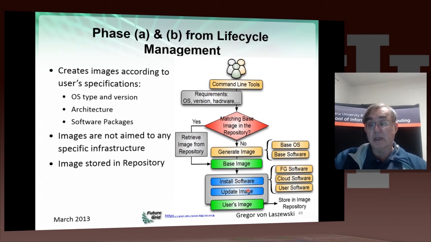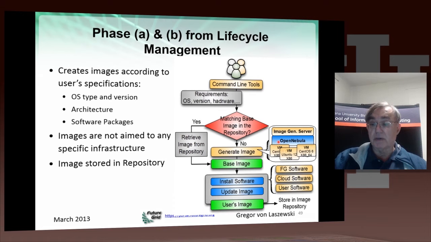Of course, you also check that the full image doesn't already exist in the repository. The actual image generation is done using OpenNebula, and the various virtual machines could be built with various different operating systems.